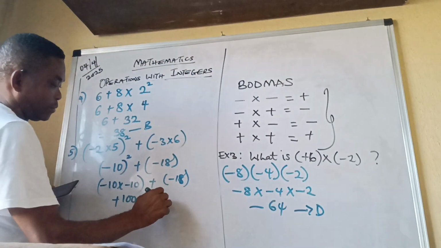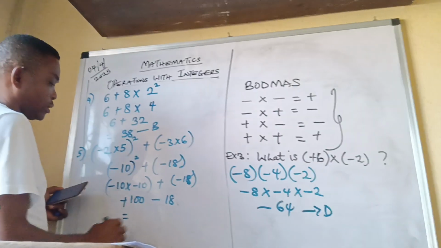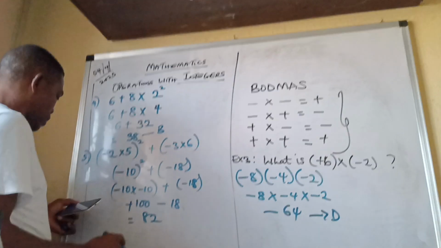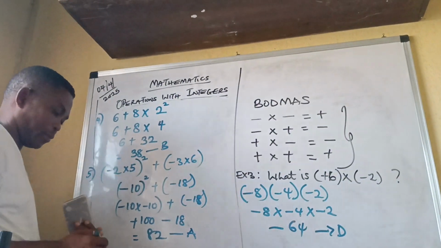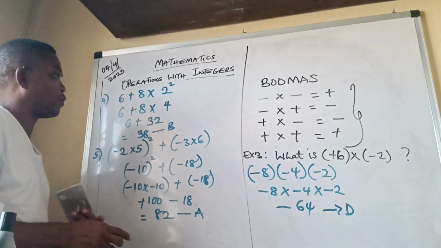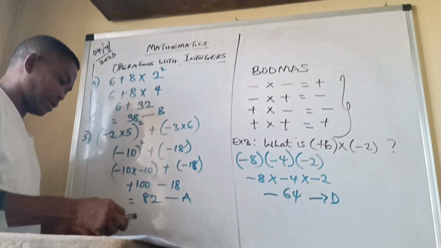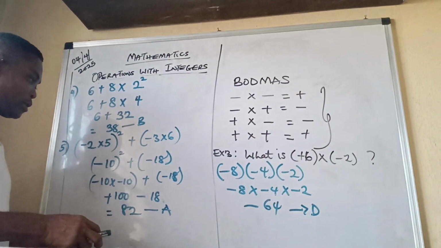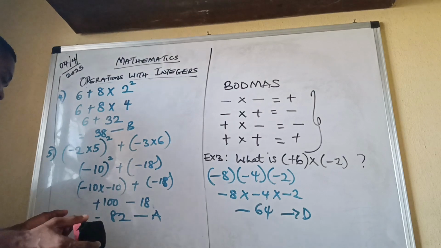I'll bring it down. 100 minus 18 is what? 82. And what option is 82? This is option A. I want to believe we are getting the solutions.